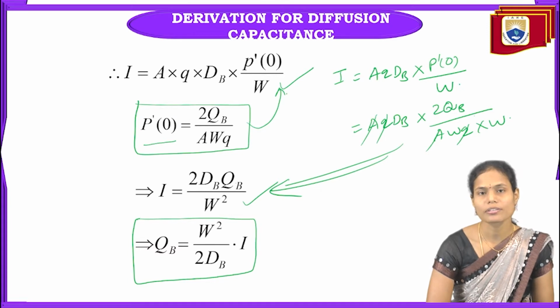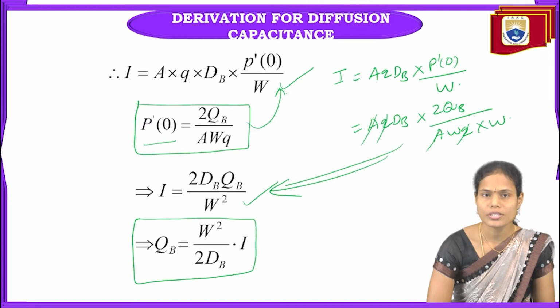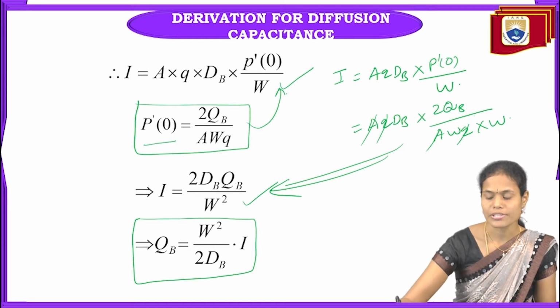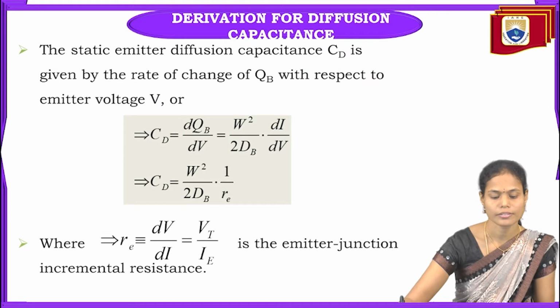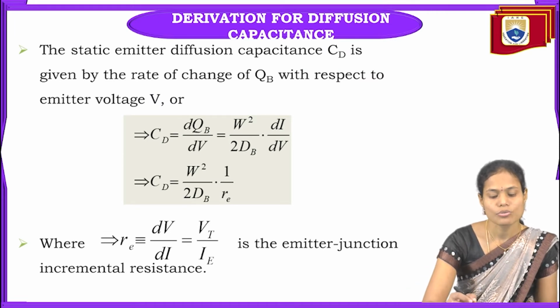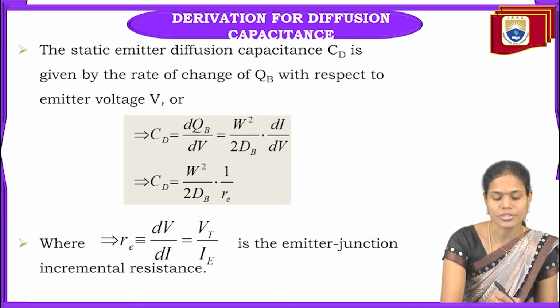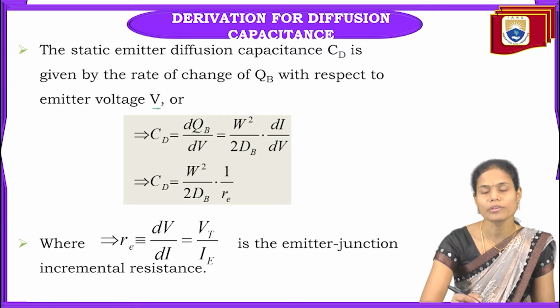Why did we calculate this charge developed in the base terminal? Because by using this charge we can find the capacitance value in the base emitter junction, that is, the diffusion capacitance. So the static emitter diffusion capacitance is given by the rate of change of charge with respect to the emitter voltage V. So that QB we are using here.